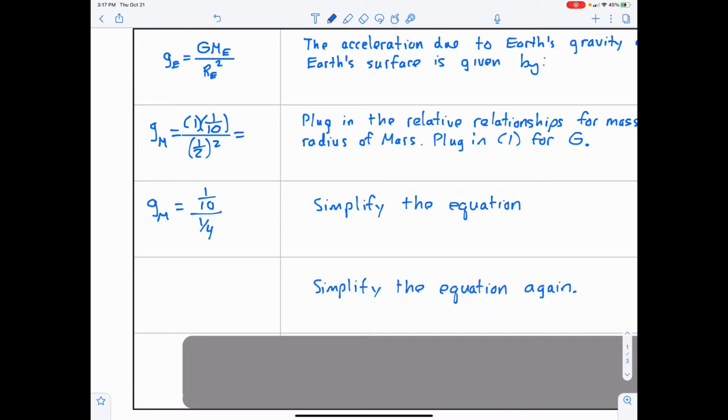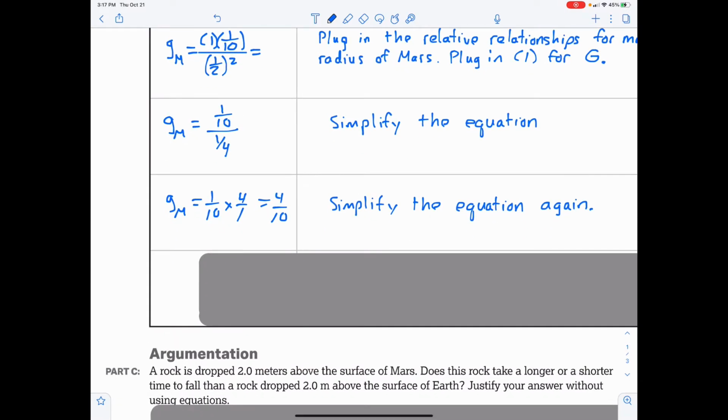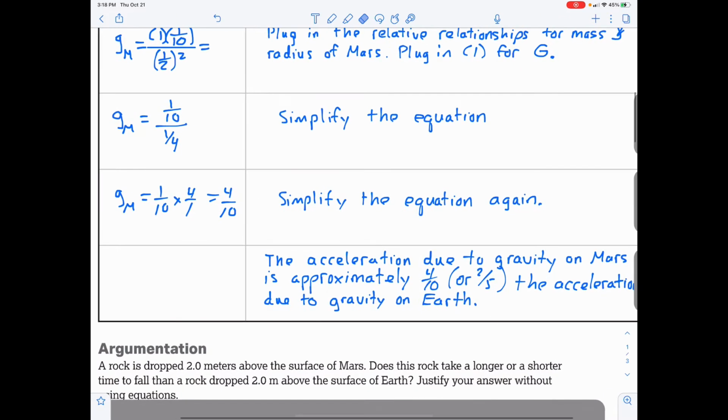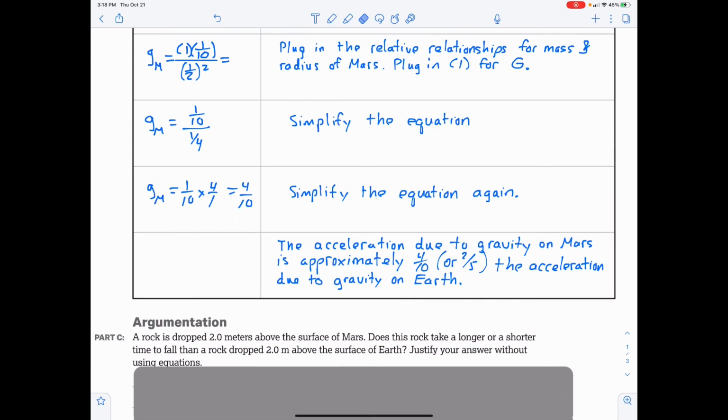Simplifying the equation again, we have 1/10 times 4 over 1, which is 4/10. And the acceleration due to gravity on Mars is approximately 4/10 or 2/5 the acceleration due to gravity on Earth.